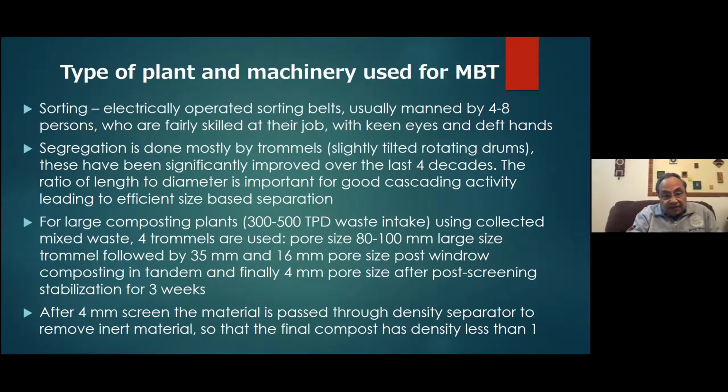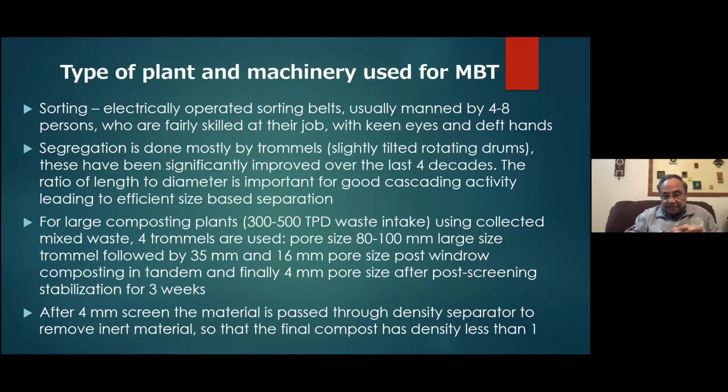So, what are the compost plants doing? Actual experience: for large composting plants, say 300 to 500 tons per day waste intake using collected mixed waste, not segregated waste, four trommels are used. The first one is a pore size of 80 to 100 millimeter. Then the next are 35 and 16.